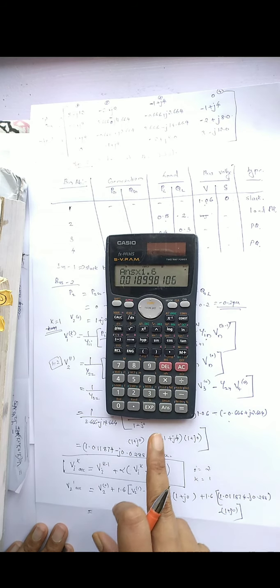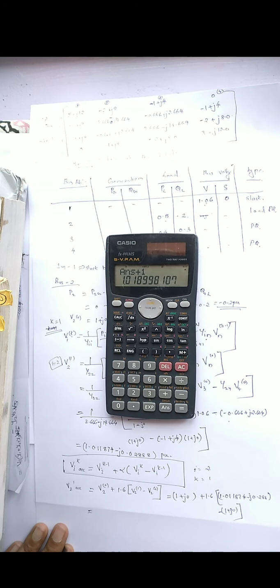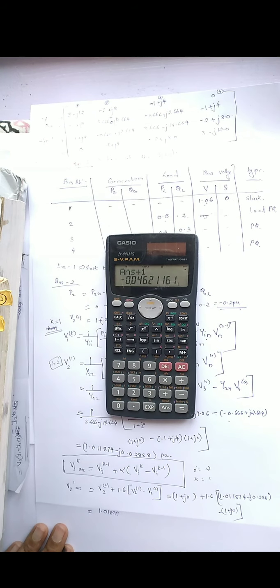Again we will get an answer, plus 1 plus J0 is 1, so we will get a value as 1.01899, then minus J 0.0621. So this is the accelerated value.